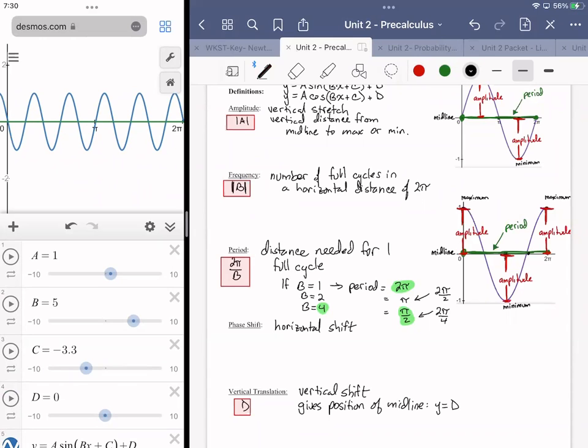But that horizontal shift is not simply equivalent to whatever the c value is. All right. That's where we kind of run into trouble.